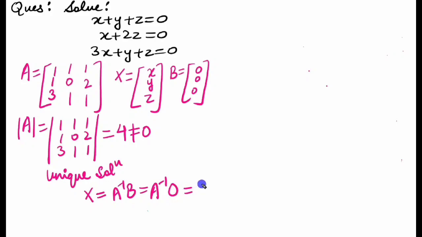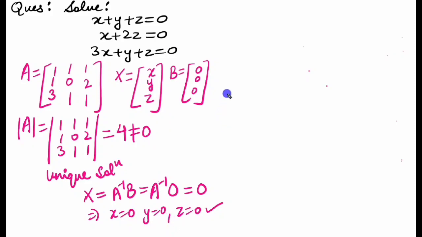So A inverse into null matrix gives, यहाँ पर जो unique solution आया हमारे पास homogeneous system के लिए, this comes out to be X is equal to 0. This implies x is equal to 0, y is equal to 0 and z is equal to 0. This is the trivial solution for the given homogeneous system. So the values of x, y, z which satisfy these linear equations simultaneously are all 0.